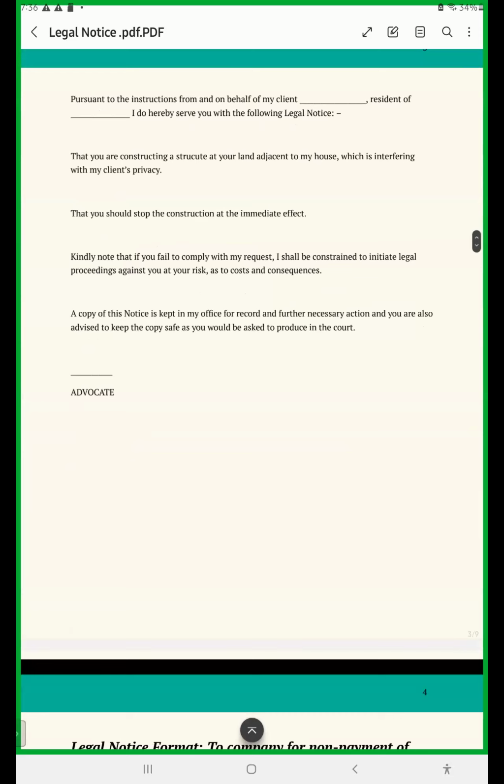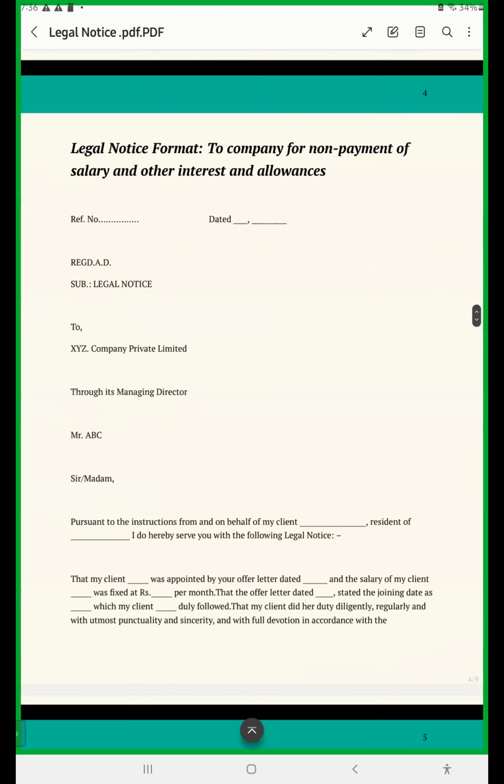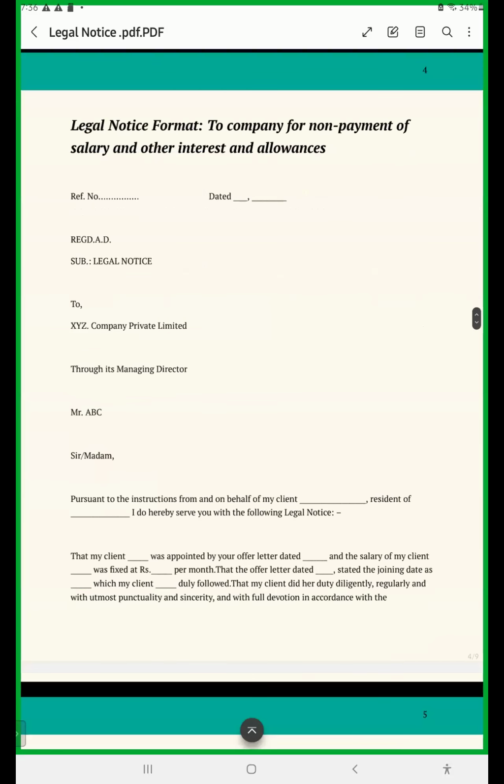Now the third format. This is a notice to a company for non-payment of salary and other dues and allowances. Again we write reference number, date, subject, this is a legal notice. Now, to whom, since it is to a company: XYZ Company Private Limited through its managing director, Mr. ABC.